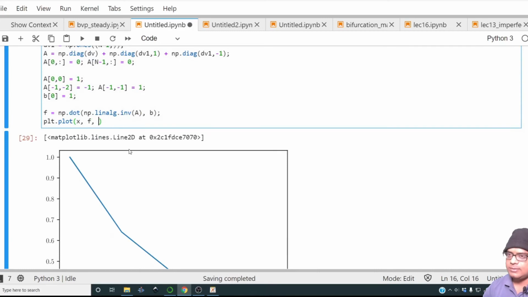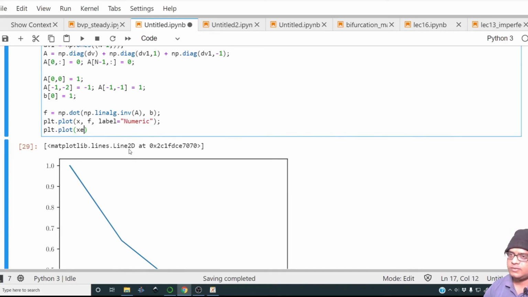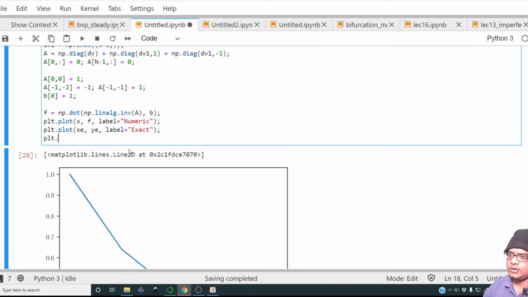So let me give this a label of approximate or numeric. plt.plot(xe, ye, label equal to exact). plt.legend, plt.xlabel x, plt.ylabel, this is going to be f of x.